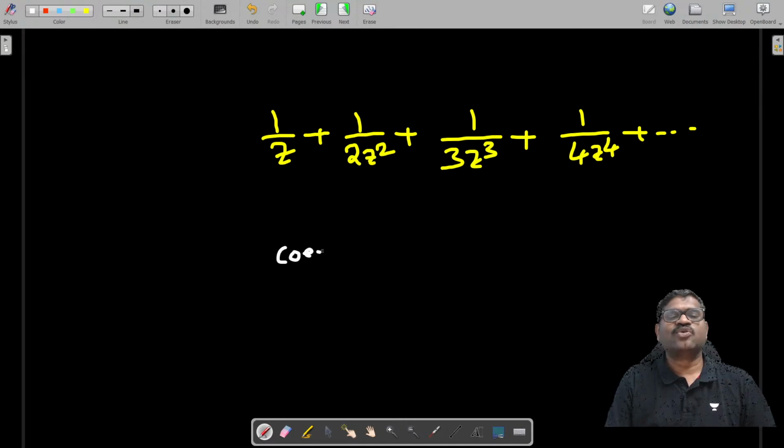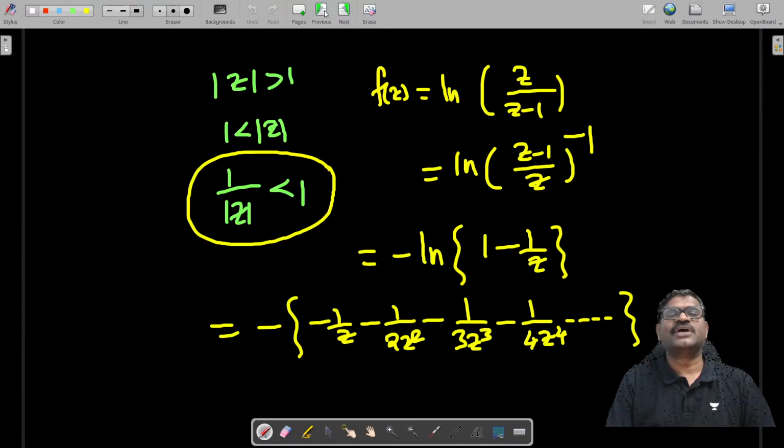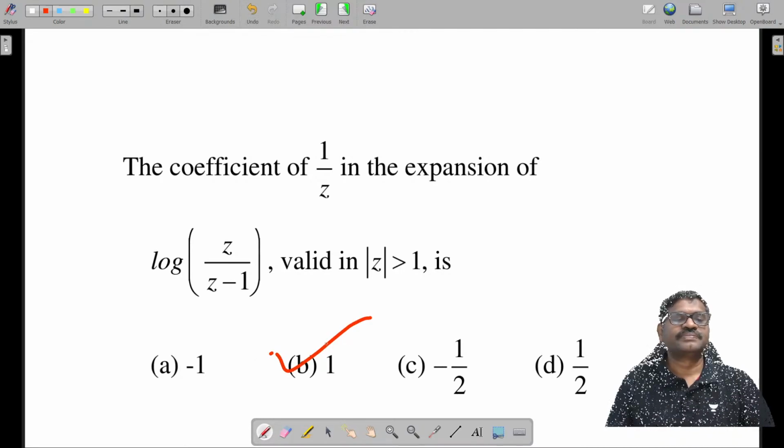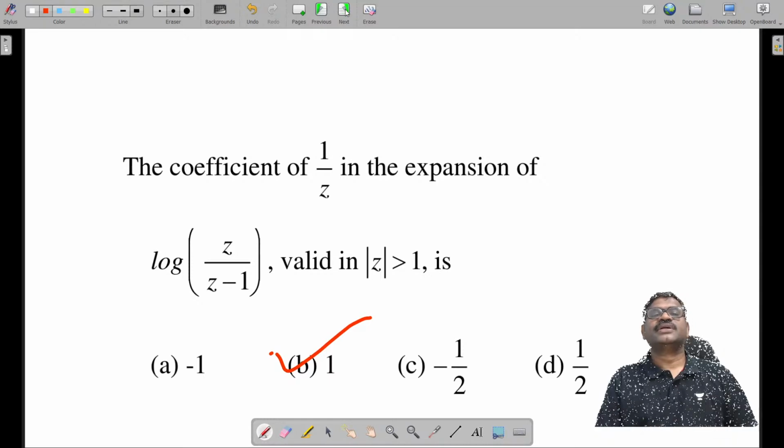Now the coefficient of 1 by z is 1. Our job is to calculate the coefficient of 1 by z, that is 1. Understood? Next problem.